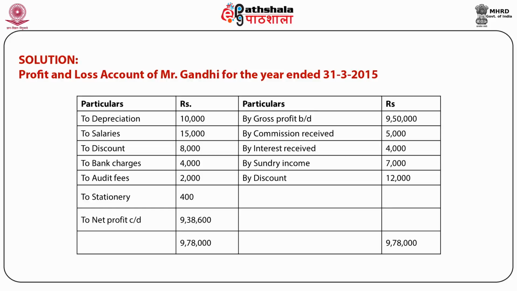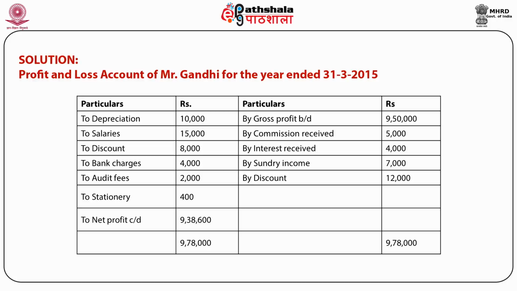Whereas incomes such as commission received, interest received, sundry income and discount received are shown on the credit side of the profit and loss account. After showing these items, we have to compare the total of the debit side with the total of the credit side.